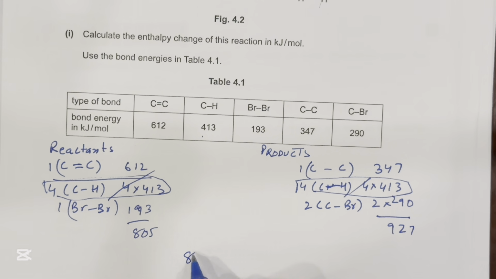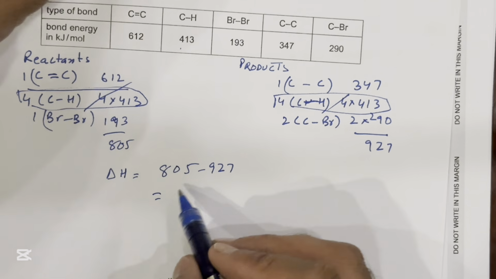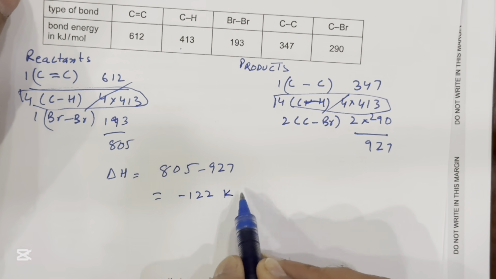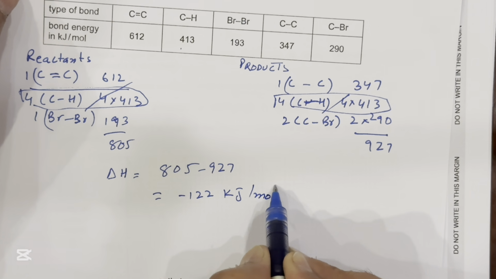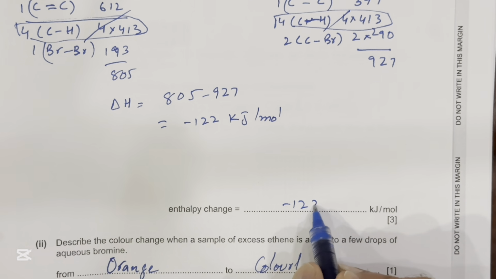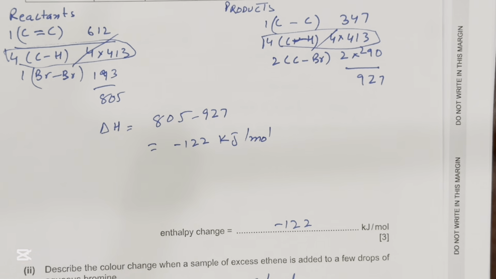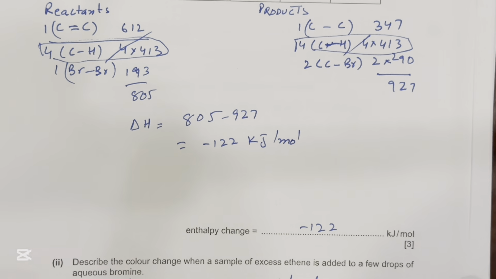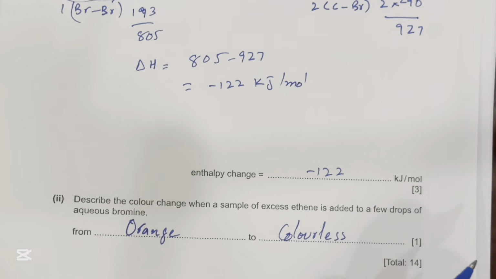Now you need to subtract to get the delta H value. That would be 805 minus 927, and that would be equal to minus 122 kilojoule per mole. So this would be your final answer. You need to write in the answer space minus 122 kilojoule per mole. Hopefully you understand this question.